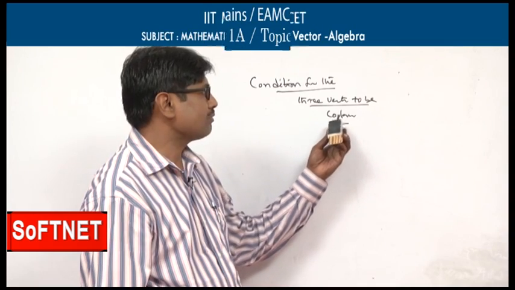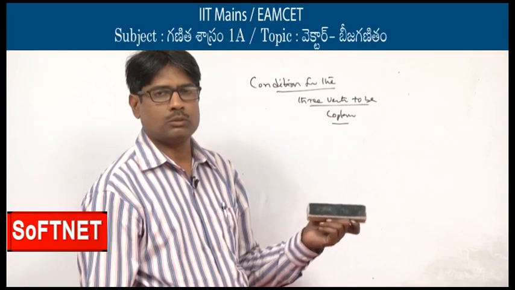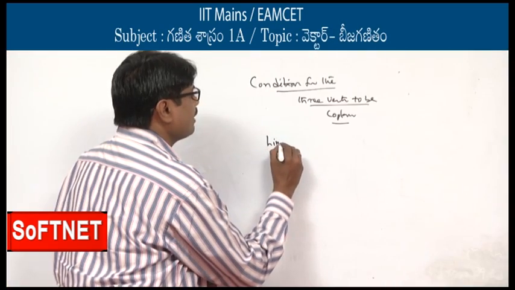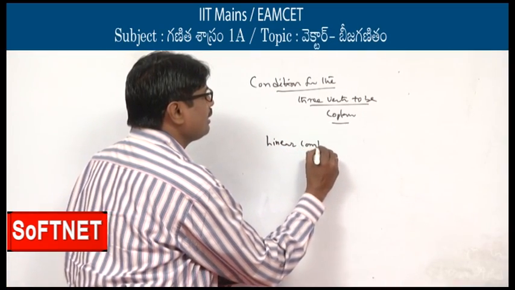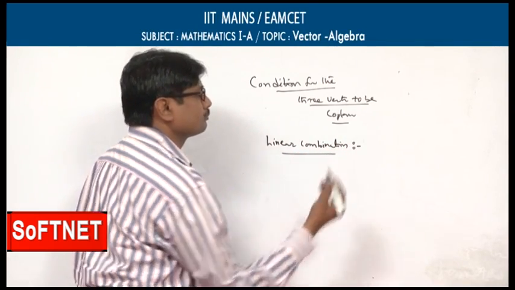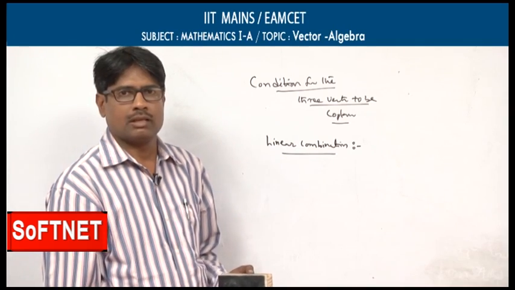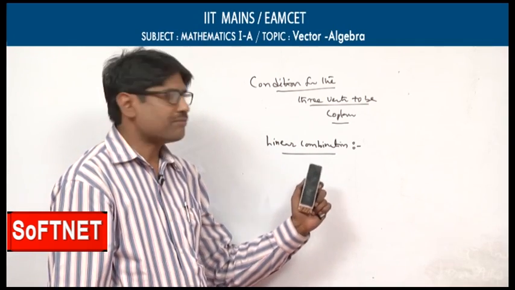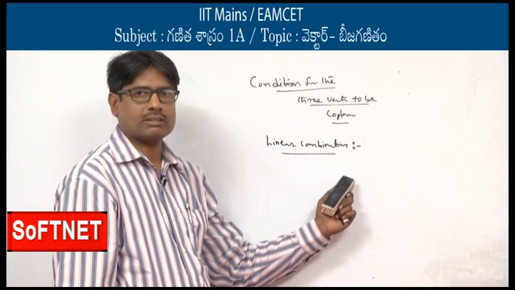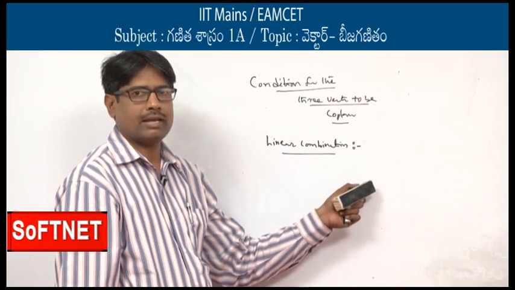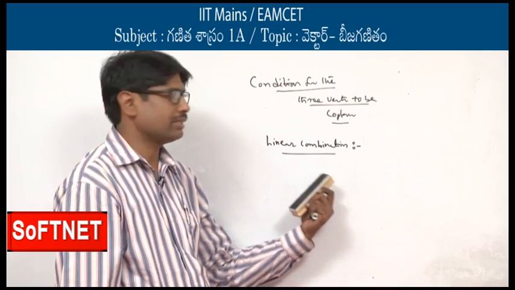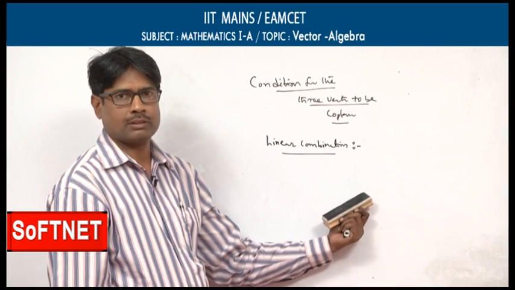Now the condition for vectors to be coplanar. Before that, a small definition: linear combination. What do we mean by linear combination? Expressing a vector with the help of scalars in an additive combination is called a linear combination.